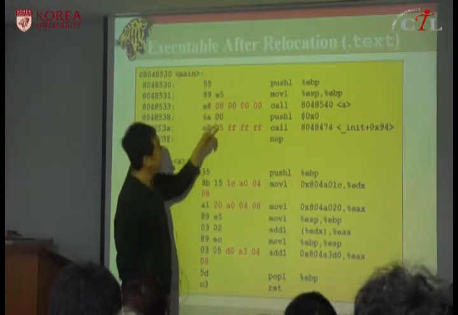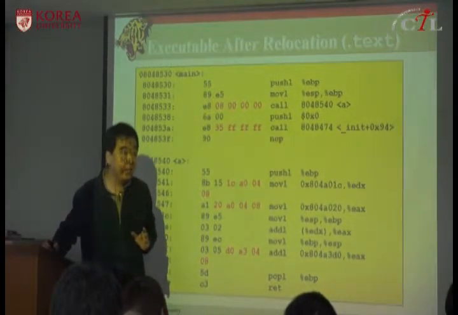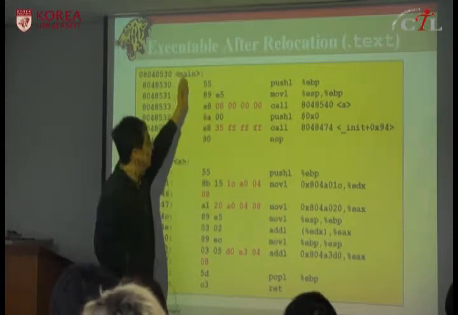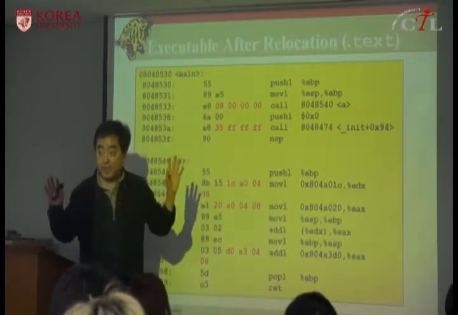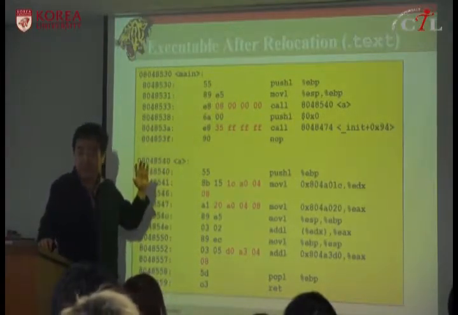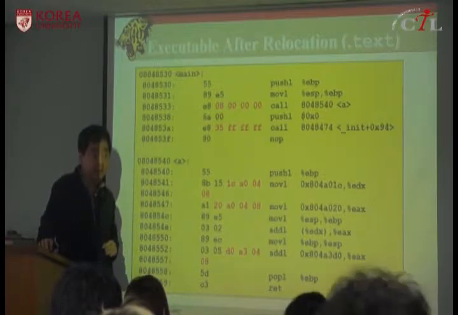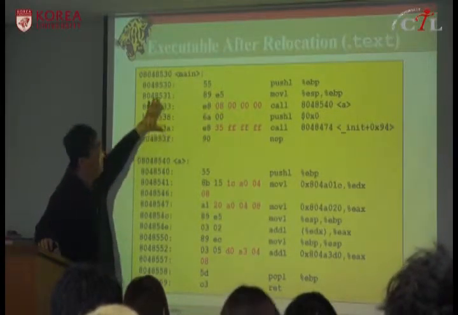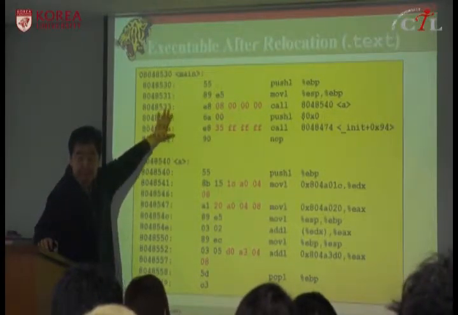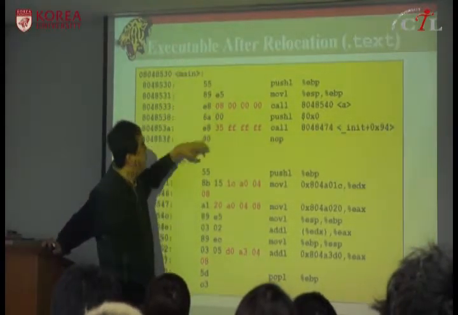This is a negative number in decimal. You go to exit, and then nop means do nothing, just for alignment reasons, I guess, and then return. So this is main: you call A, call exit, and then return.